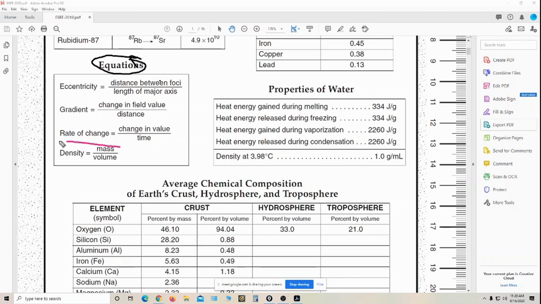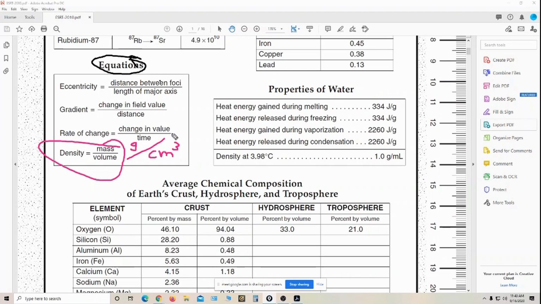And today we're going to talk about density. Density is the mass divided by volume. Those are the two variables. Mass is in grams. And volume is the amount of space it takes up. We live in a three-dimensional world, so we need a length, a width, and a height. This is in cubic centimeters.